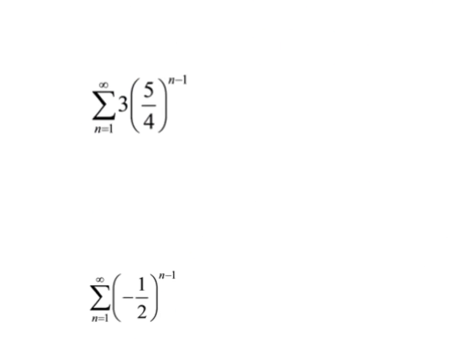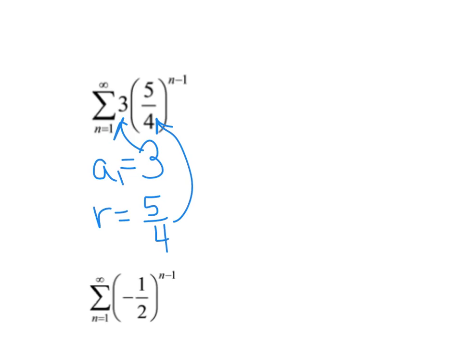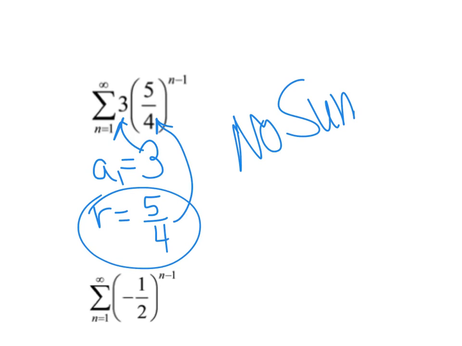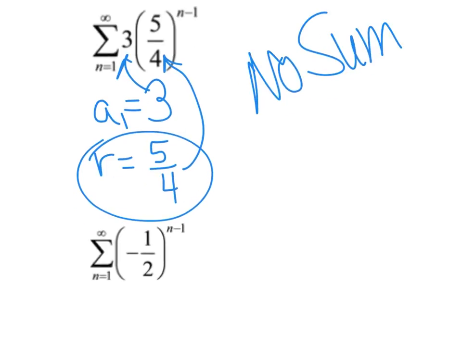Okay, now we just have it written in a slightly different way. We're going to use that same formula again. We have our a sub 1 equals 3. Our ratio is 5/4, because those are what those numbers actually stand for. 5/4 is greater than 1, which means in this case there is no sum because our ratio is greater than 1.